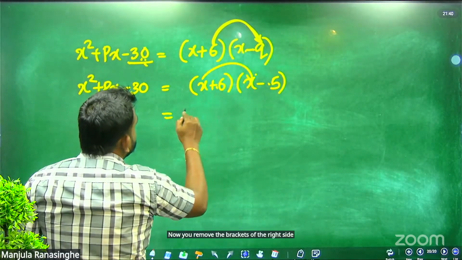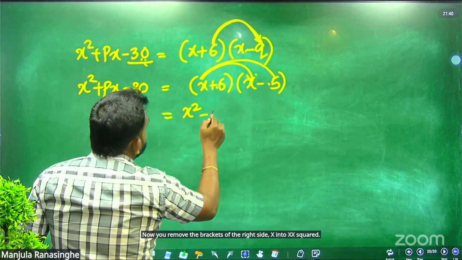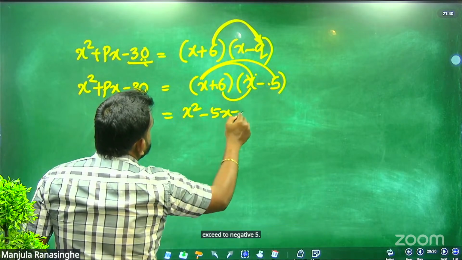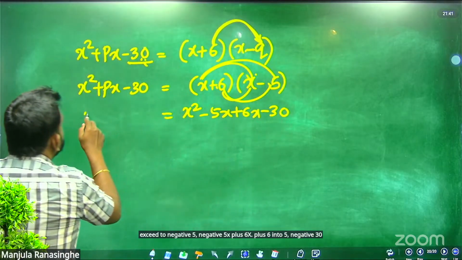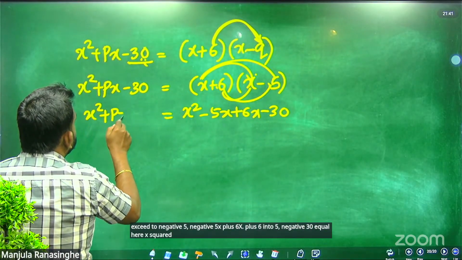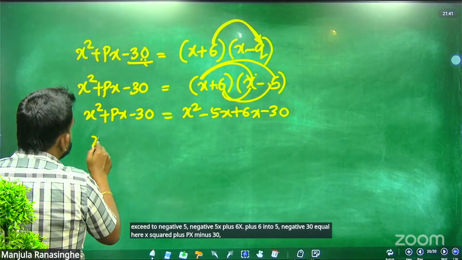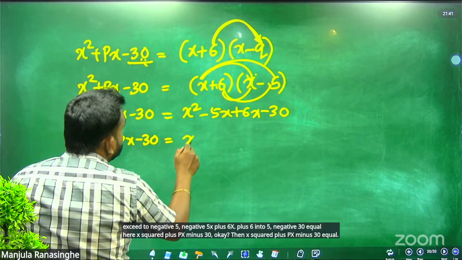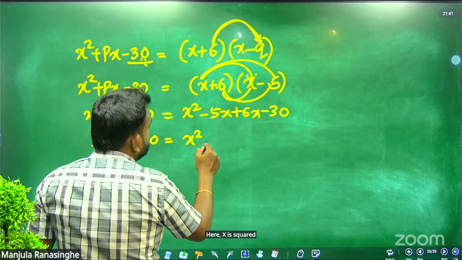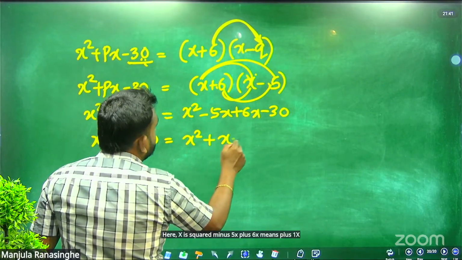x into x squared, x into negative 5x plus 6x plus 6 into negative 5, negative 30, equals x squared plus px minus 30. Then x squared plus px minus 30 equals x squared minus 5x plus 6x, which means plus 1x, minus 30.